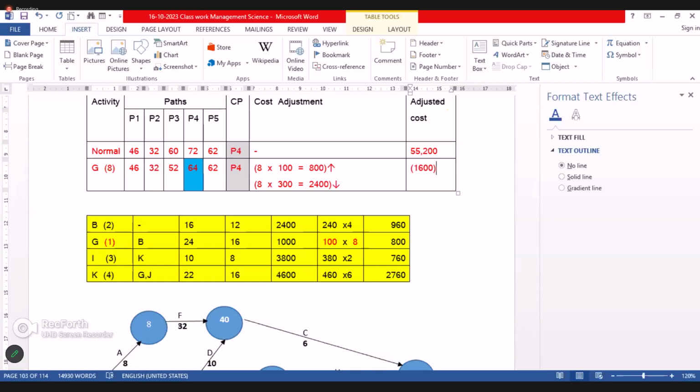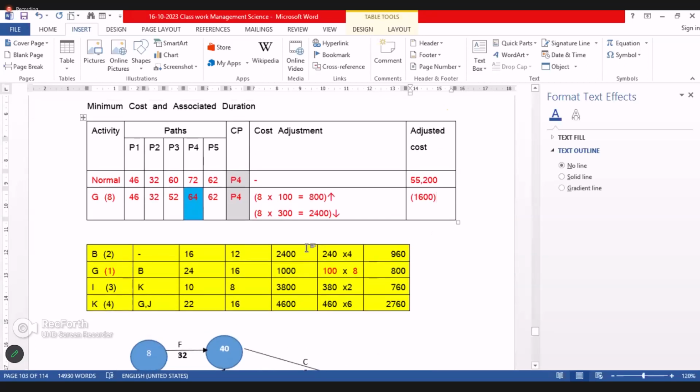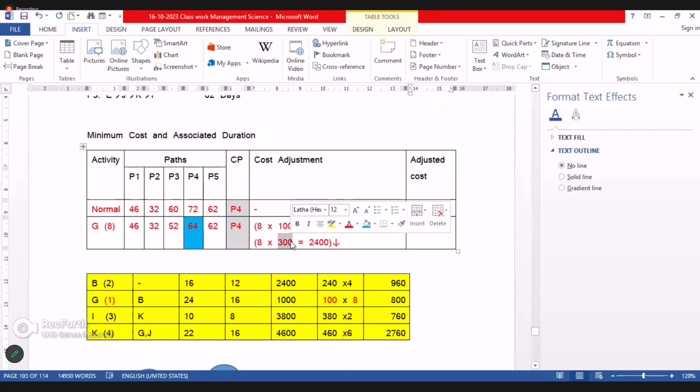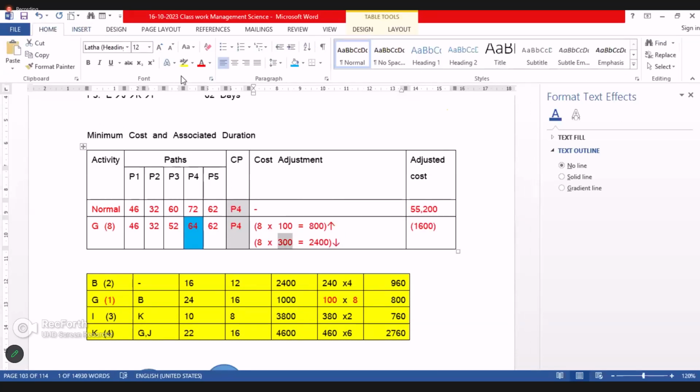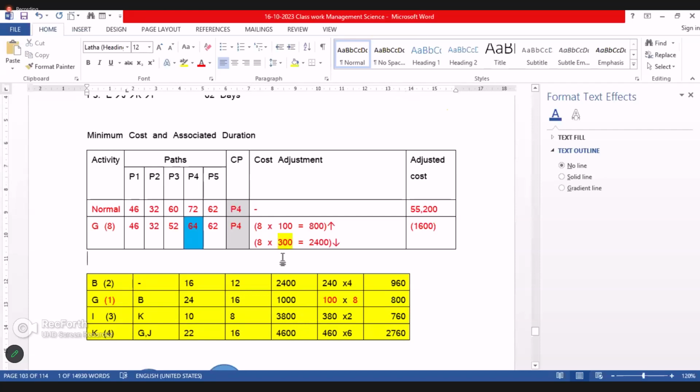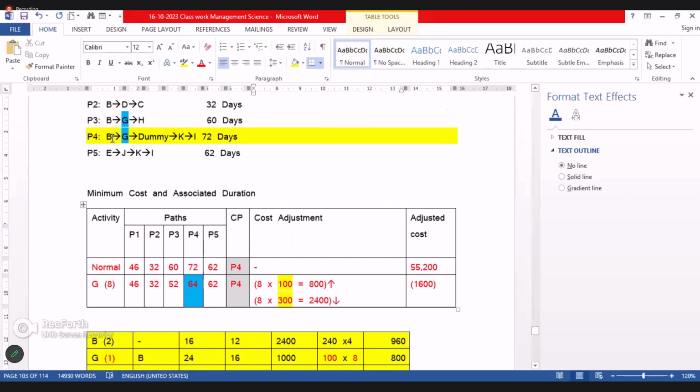Now you see there is a bargaining point here. This 300 reduction and the 100 are the deciding factors. The difference, 200, will decide: 200 into 8 is 1,600.